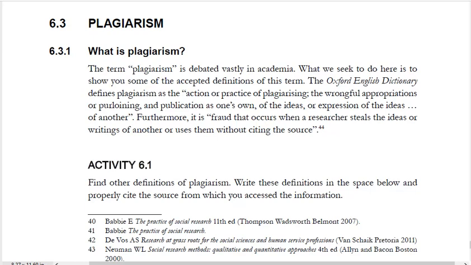You need to show that this definition you got it from somewhere. It is not your own definition, because you cannot define plagiarism in your own way. You can do it in your own words, but because we are trying to get some points here, we are showing that we have done our research. We need to cite a source.